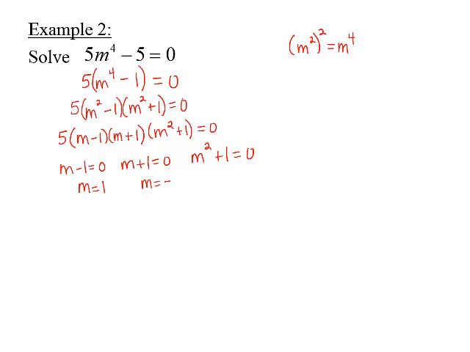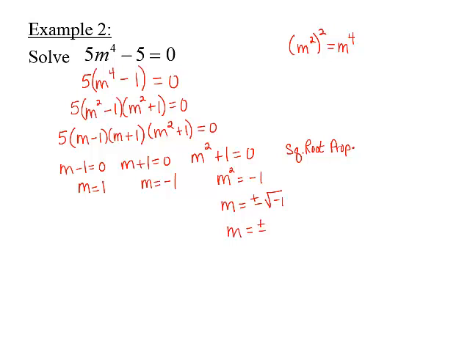Another is negative 1. And then to solve m squared plus 1 equals 0, we apply the square root property. This gives us m squared equals negative 1. So to solve for m, we have that m equals plus or minus the square root of negative 1.